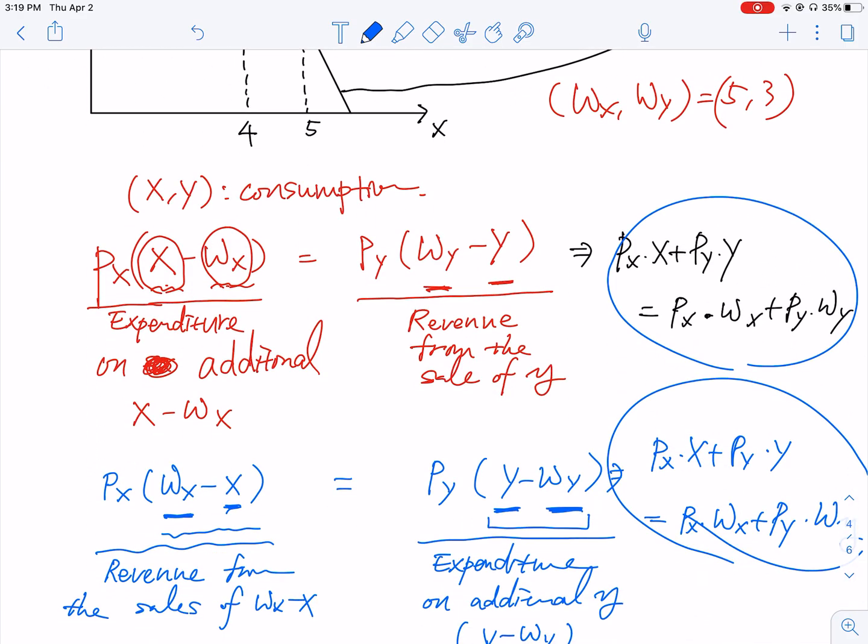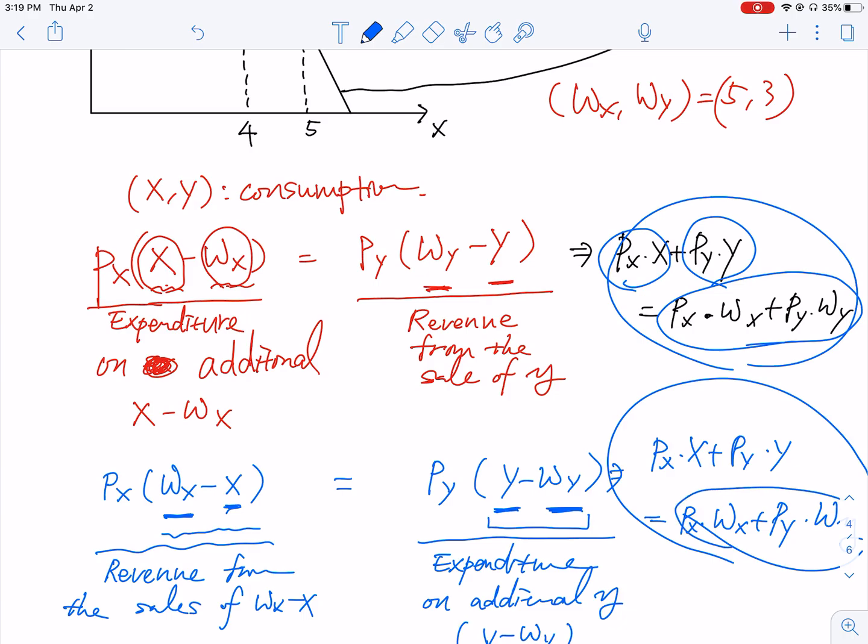Another way to think about this equation is that instead of figuring out how much of X to buy or sell, or how much of Y to buy or sell, you can think of doing it like this: sell everything you have in the first place and make the money, and using the money, you choose how much X and Y to repurchase, right? So that's another way to think about this budget constraint.